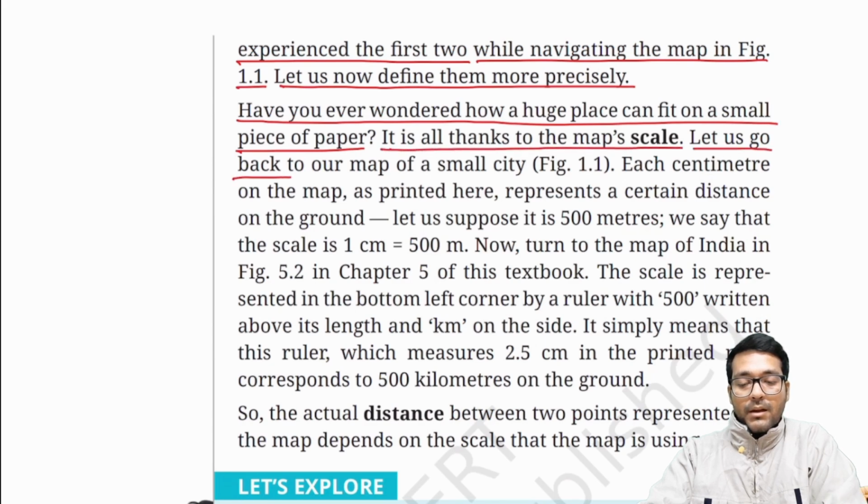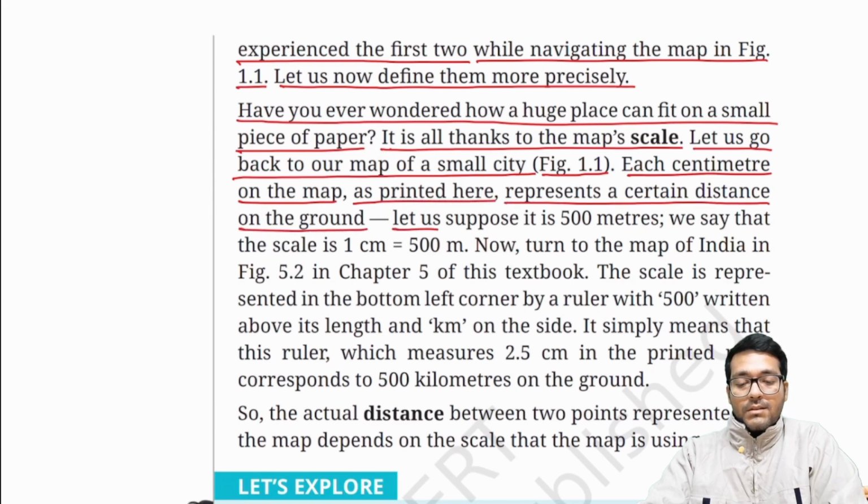Let us go back to our map of a small city, Figure 1.1. Each centimeter on the map, as printed here, represents a certain distance on the ground. Let us suppose it is 500 meters. We say that the scale is 1 centimeter equal to 500 meters.